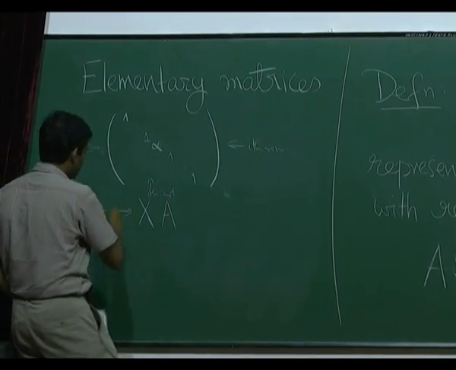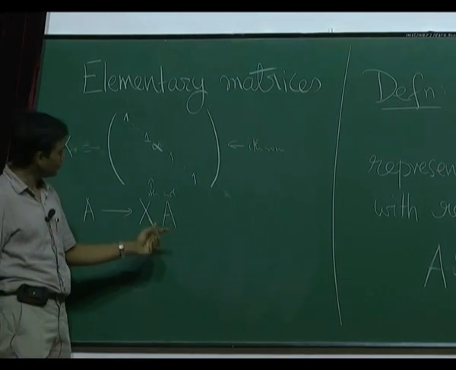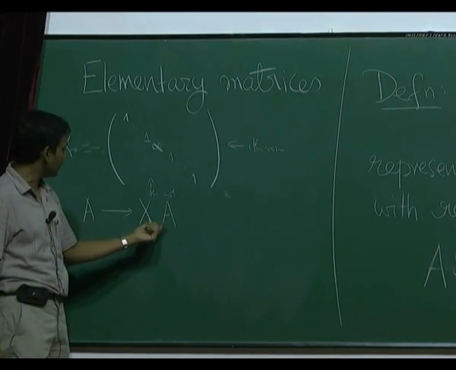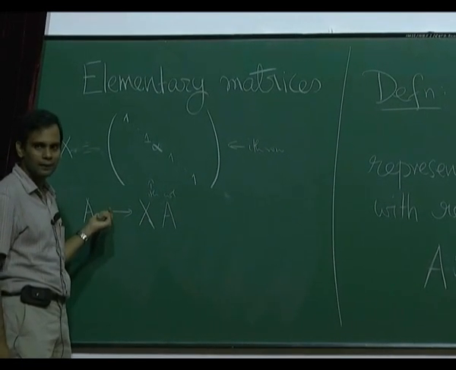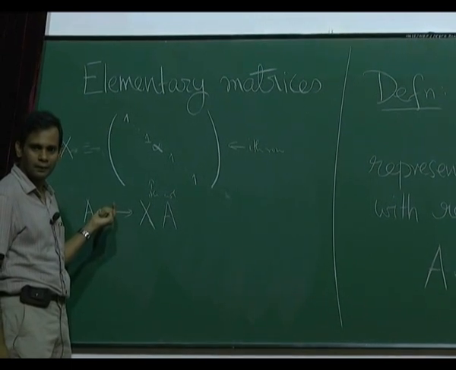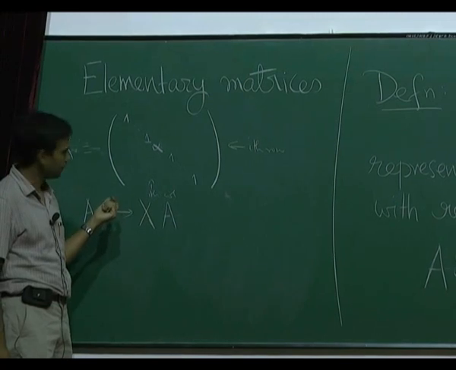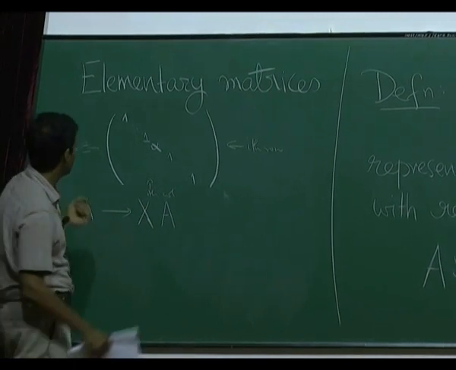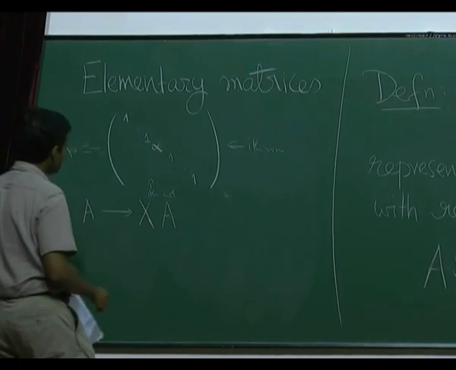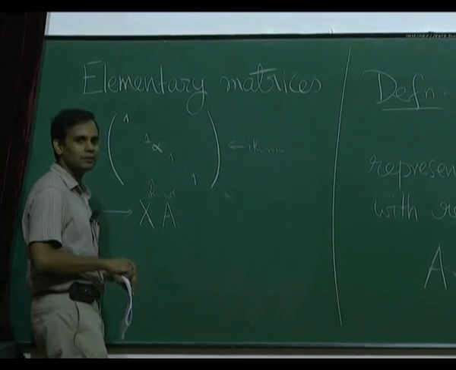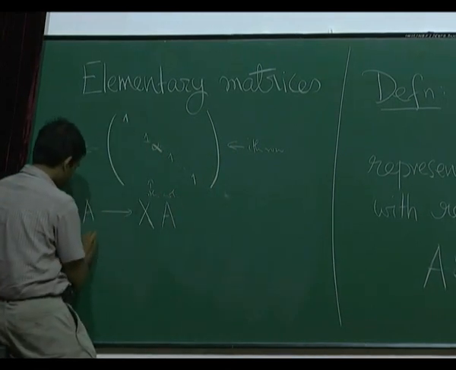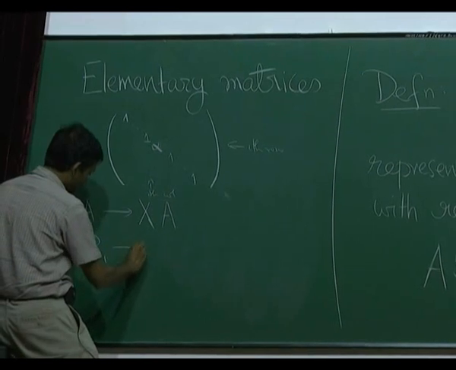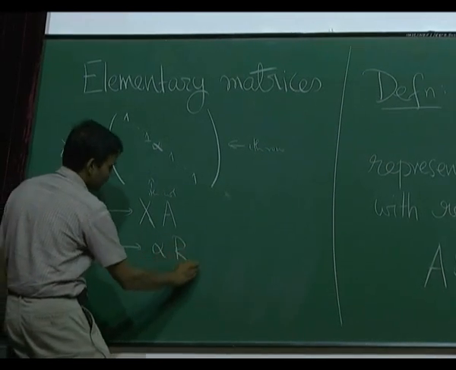So I take A and multiply it on the left by X. Can you tell me how you can write down X A from A? Almost correct, except you should have said ith row. So we can write this as Ri gets transformed to alpha times Ri.